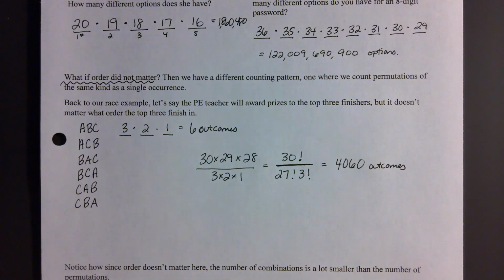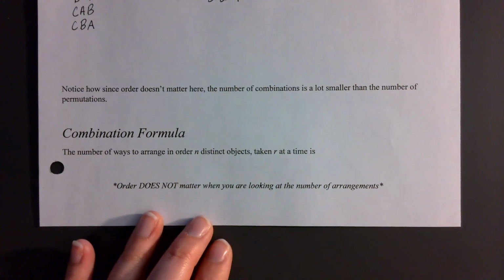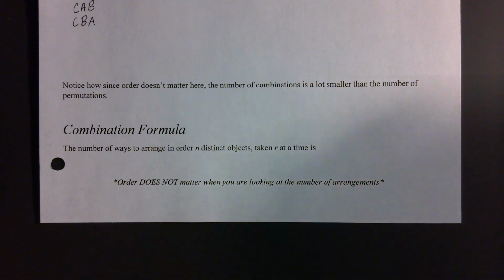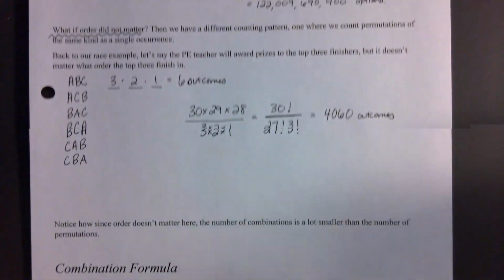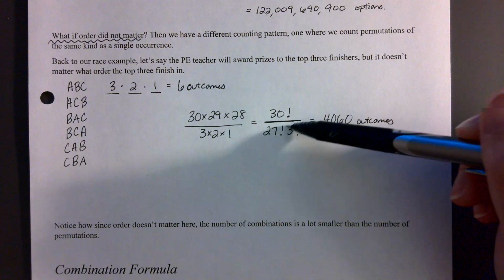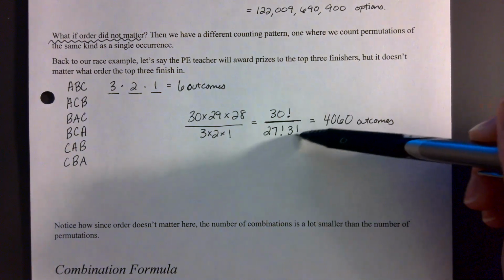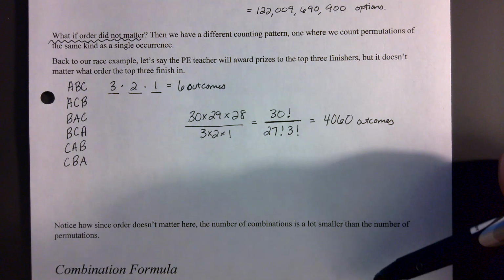So notice here that our combinations are a lot smaller because the order doesn't matter. It's not a very specific order that we're looking for. Those top 3 can get their extra credit in 6 different ways, and we had to eliminate those extra repeats that were in there. So when you're looking at your formula for the combination, it's going to look really similar to what we did for our permutation, with one added feature of eliminating those repeats and making sure that order doesn't matter.